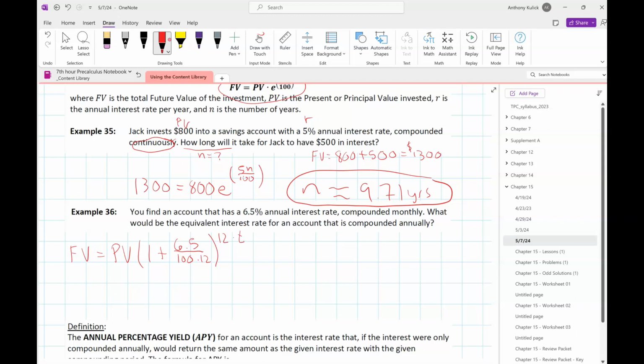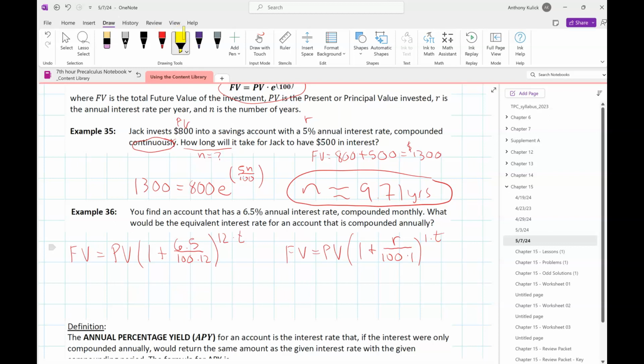So there's my one account. And then my second account is kind of the same thing, except we don't know R, and we know that K is 1, right?